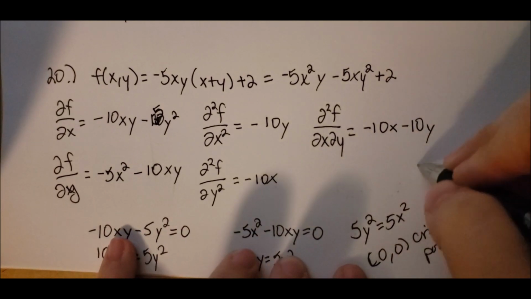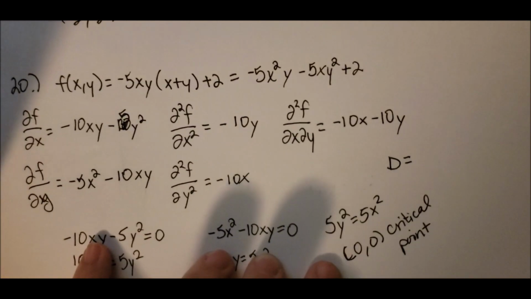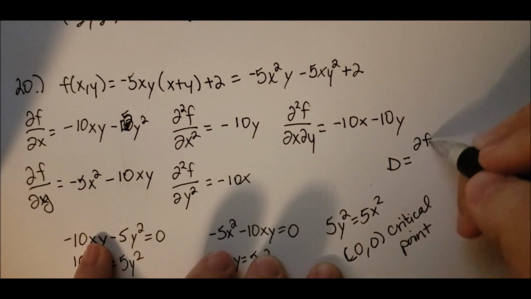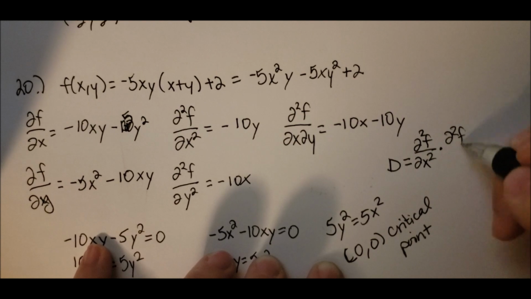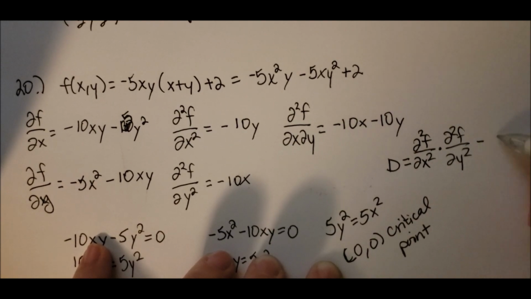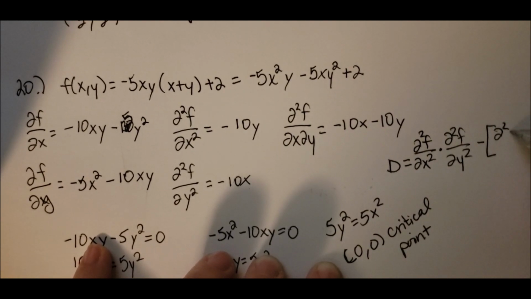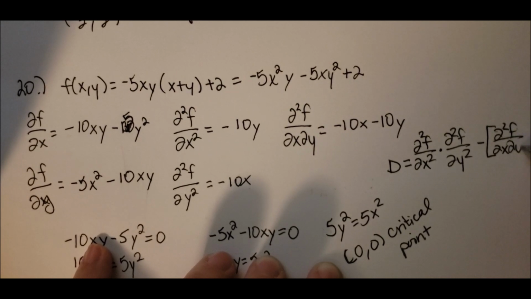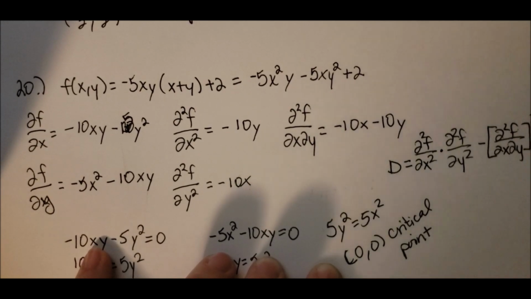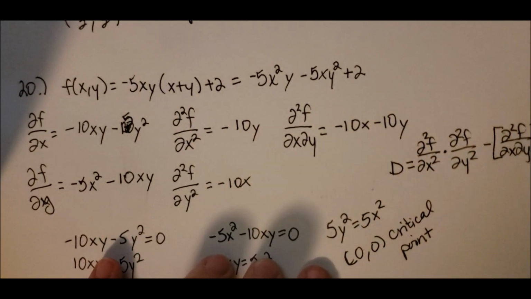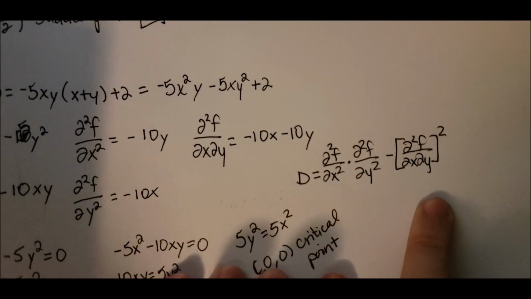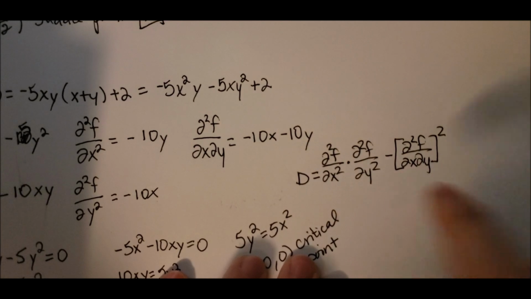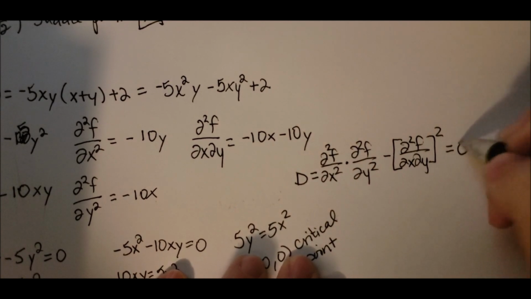So when I go to calculate D, I'm going to have 0 times 0 minus 0. That's going to be 0.